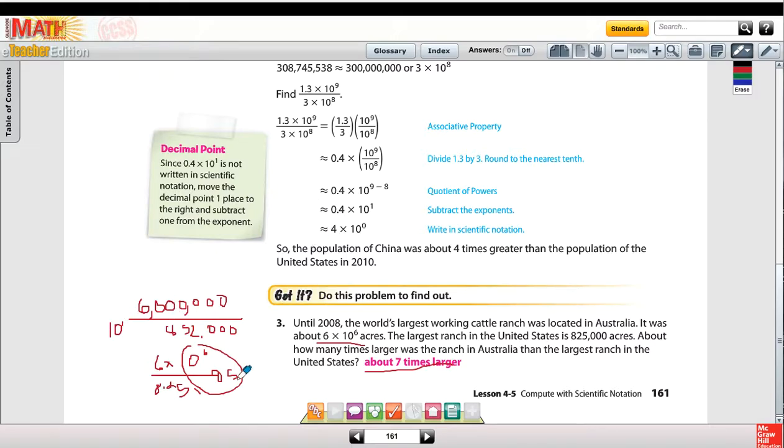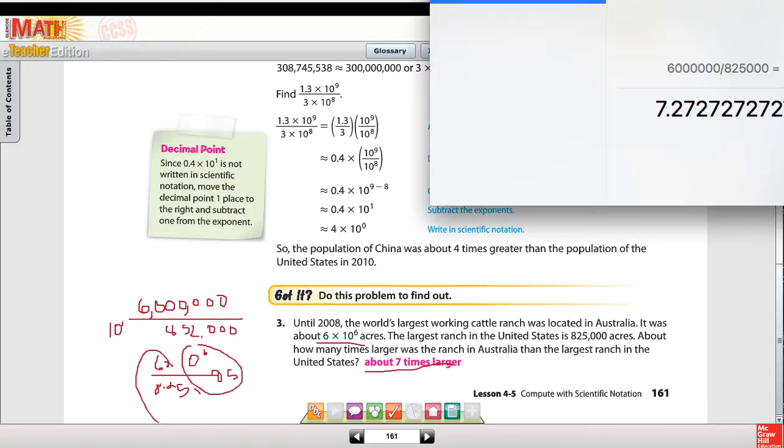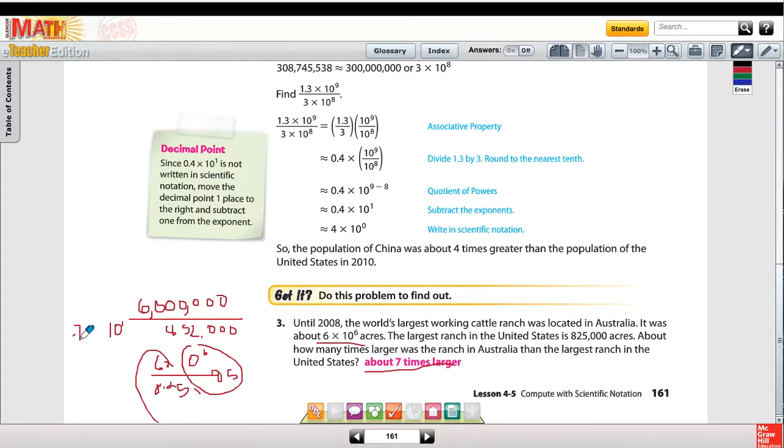And then if I take 6 divided by 8.25, that is equal to 0.727. And when I multiply that times 10 to the 1st power, if I move the decimal over one place, I still get that same answer of about 7 times larger.